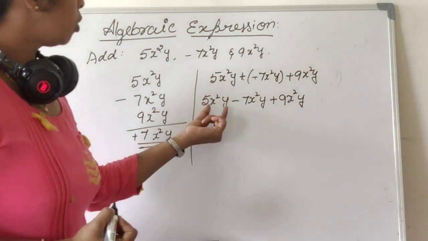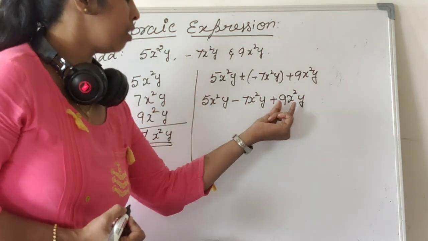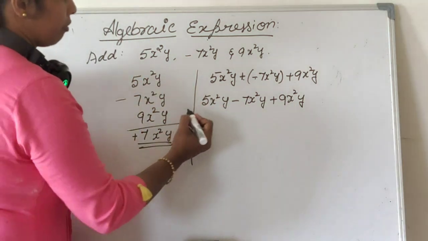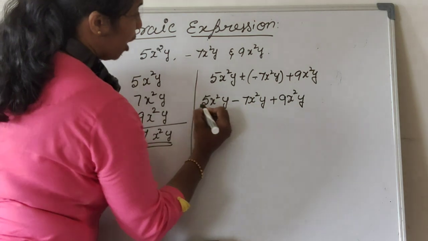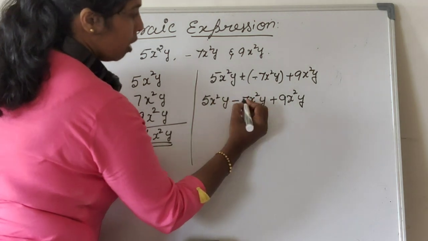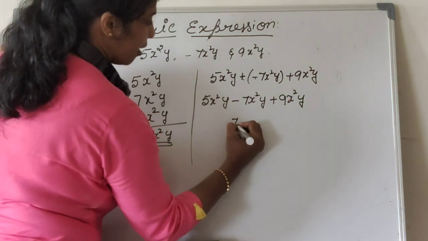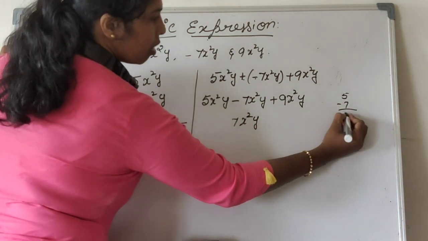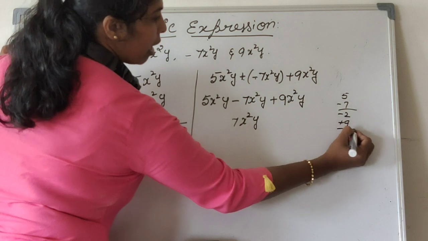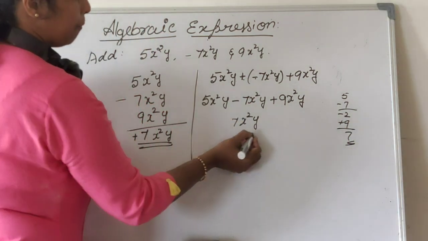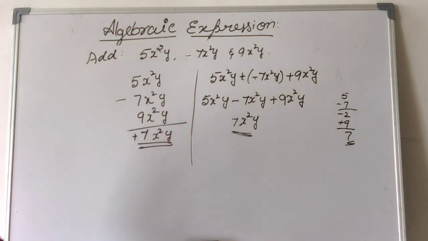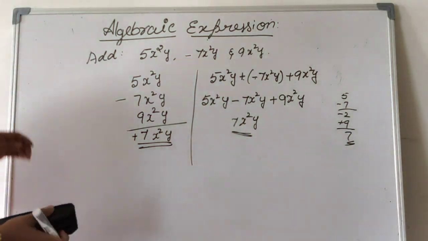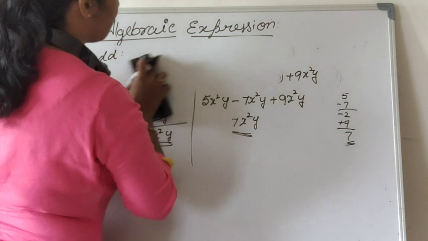One thing you have to observe: all the variables are same or not. Remember that one, don't forget to check that. 5 minus 7 is minus 2. Minus 2 plus 9 is 7. Don't go wrong. You can write here if you want. Like this you write and do, no problem. See, this is the answer. Both the methods are okay. You can do anything. This is an addition. Okay, one more question I will take.